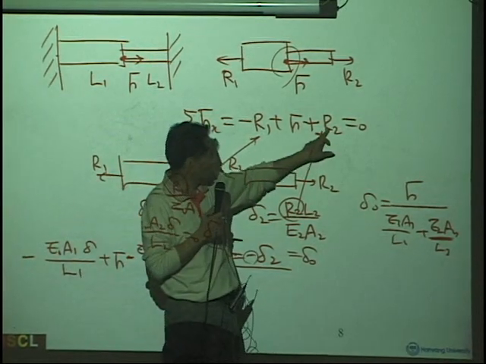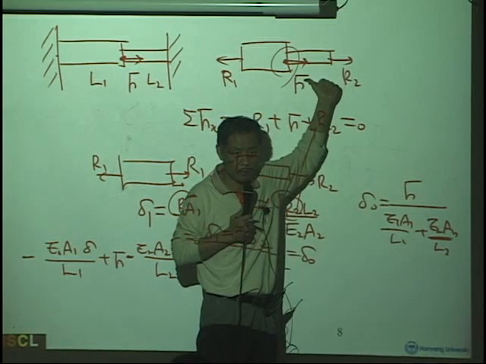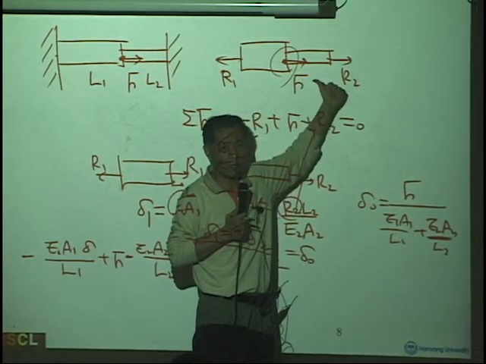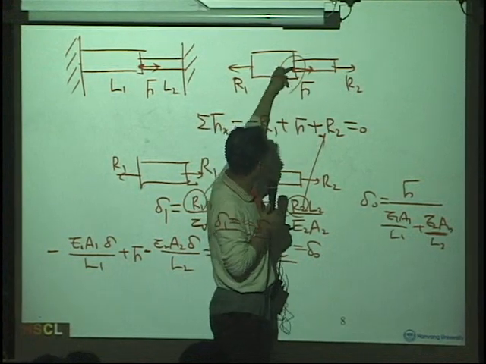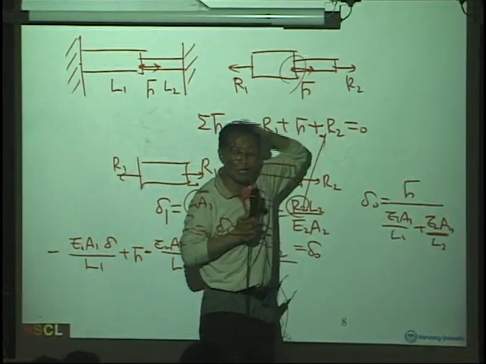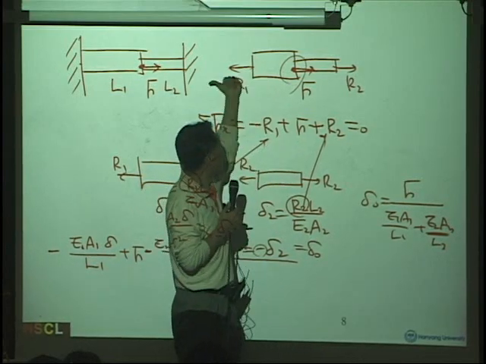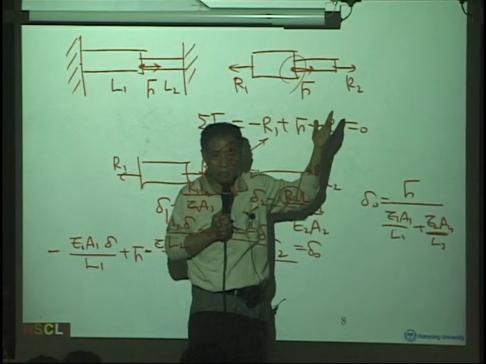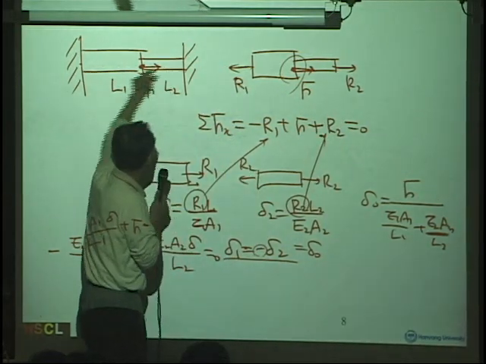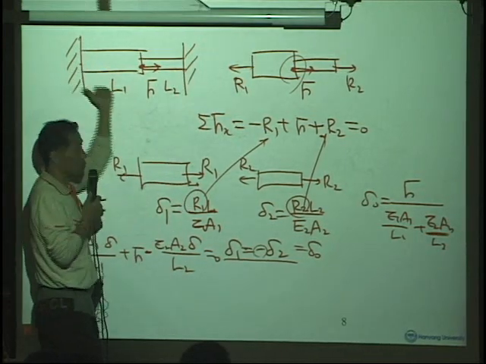So as R2 is minus, aha, your direction is that way. So this reaction will be this way. You apply force, and now you can feel how much reaction and how the reaction will be, this way and that way. Obvious, right? You have a constraint here, you push this way, and there will be a reaction this way.